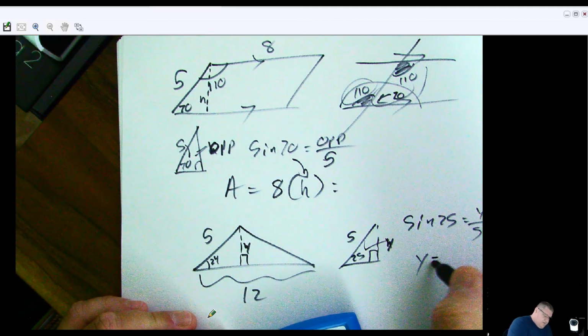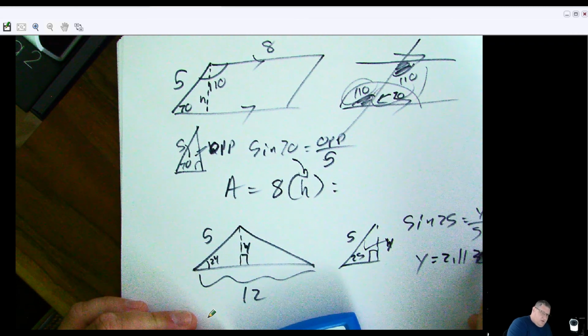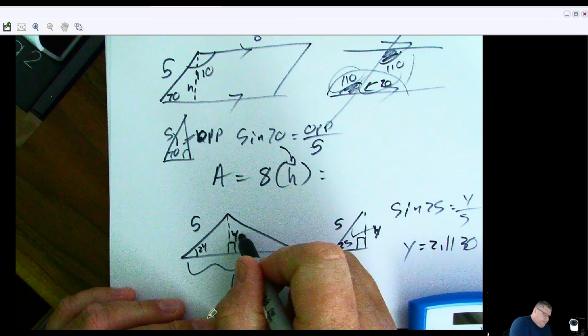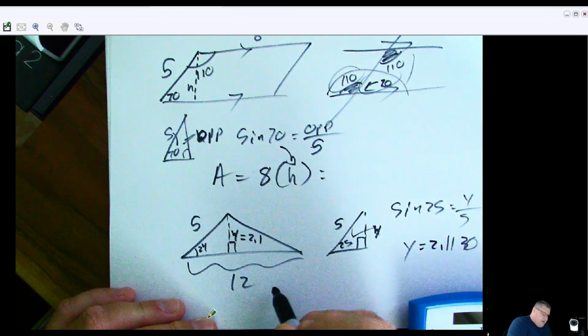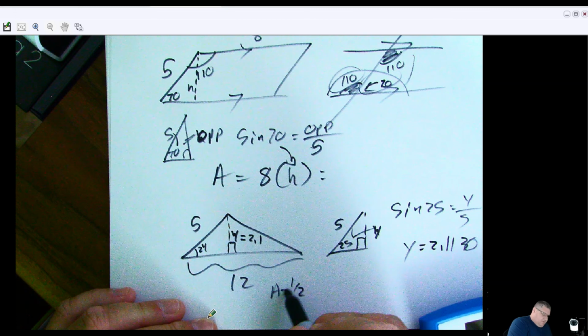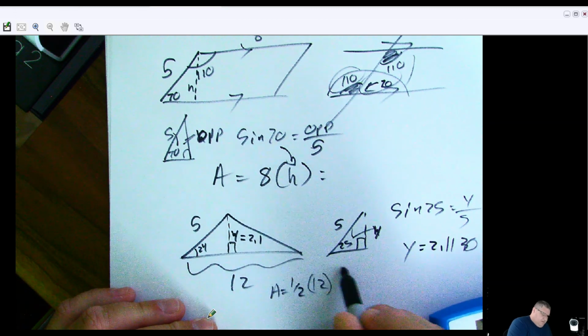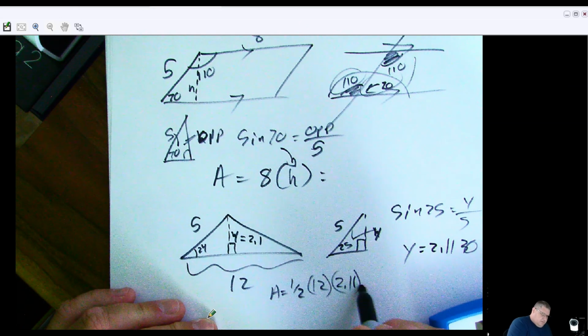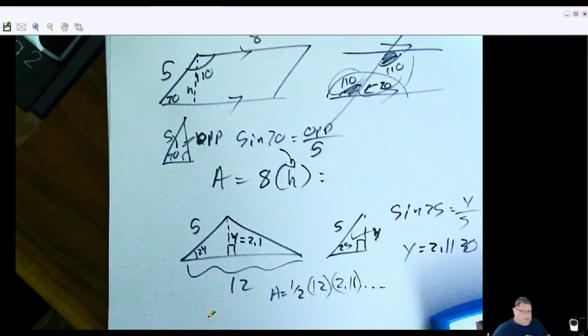Answer is 2.1130, etc. And so now I can say area equals 1/2 base times height, and I can find that area. So it works for triangles just as well. All right, with that in mind, that's where we got.